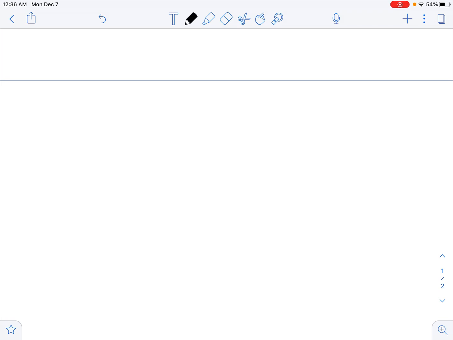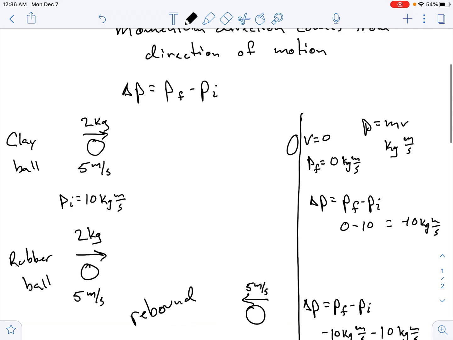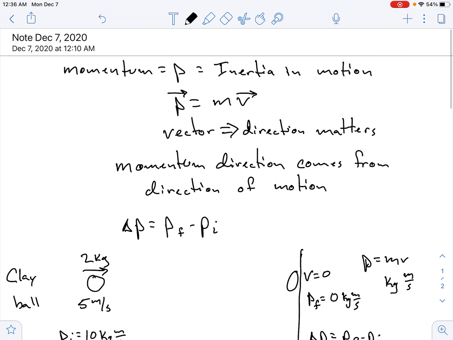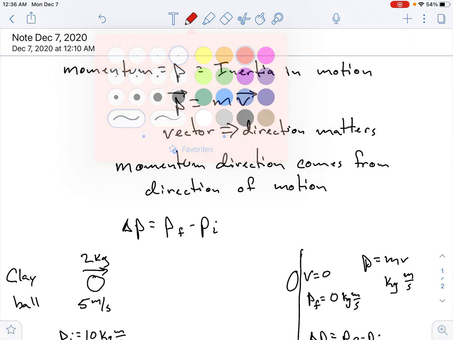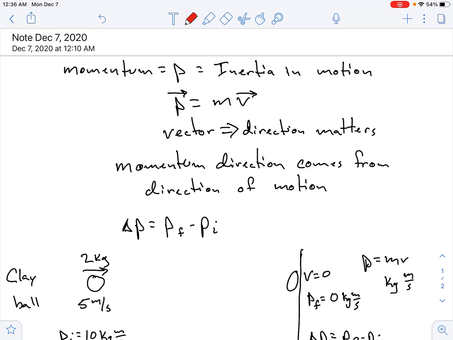The other thing to keep in mind when it comes to momentum, just going back to the very beginning: it's not now just about the mass of an object. When we just dealt with inertia, inertia was simply about mass. So a not moving car would have more inertia than a moving person.